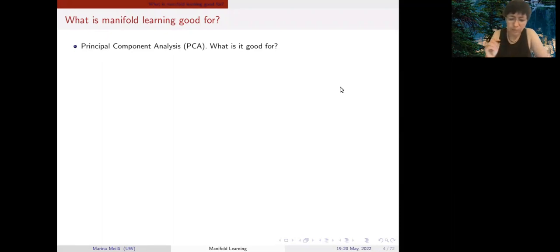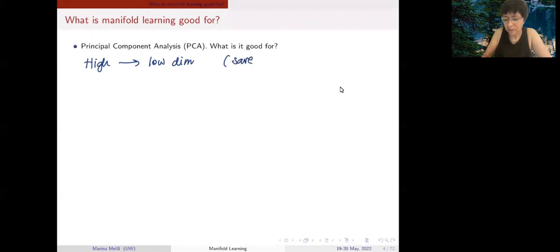I'm going to start by enumerating a few reasons why people perform principal components analysis. One of them is because the data is high dimensional and they want to reduce it to low dimension.